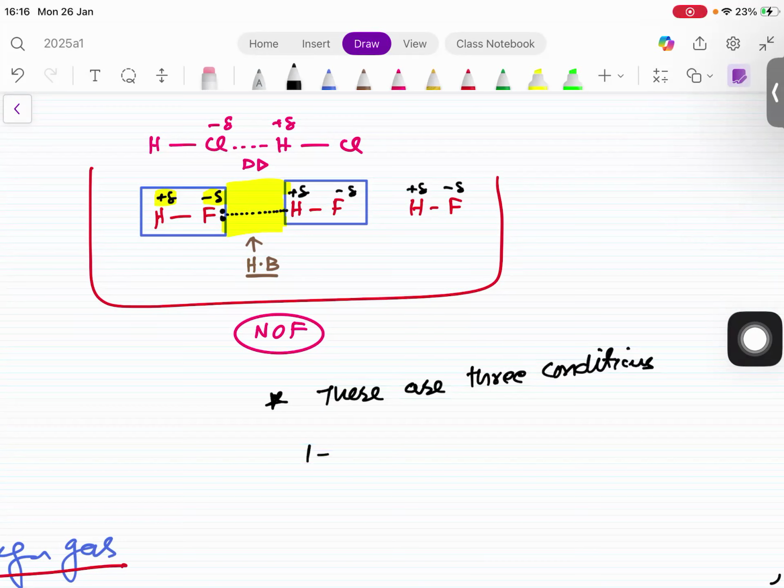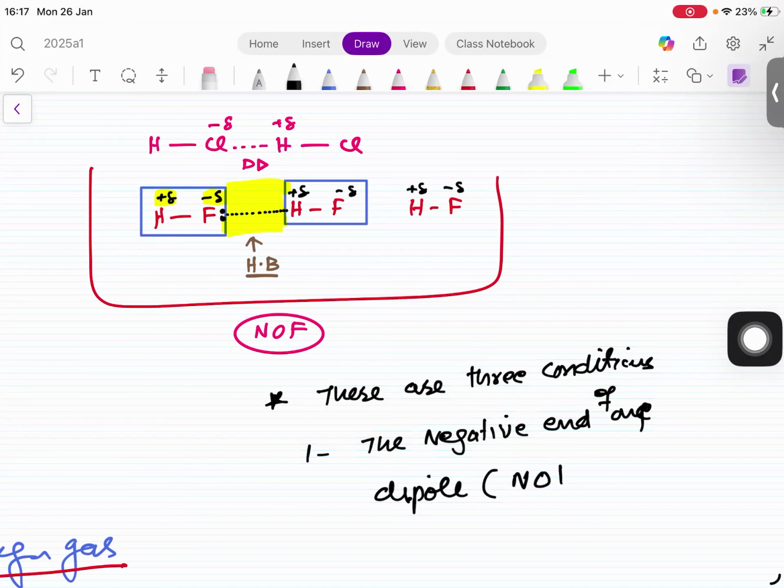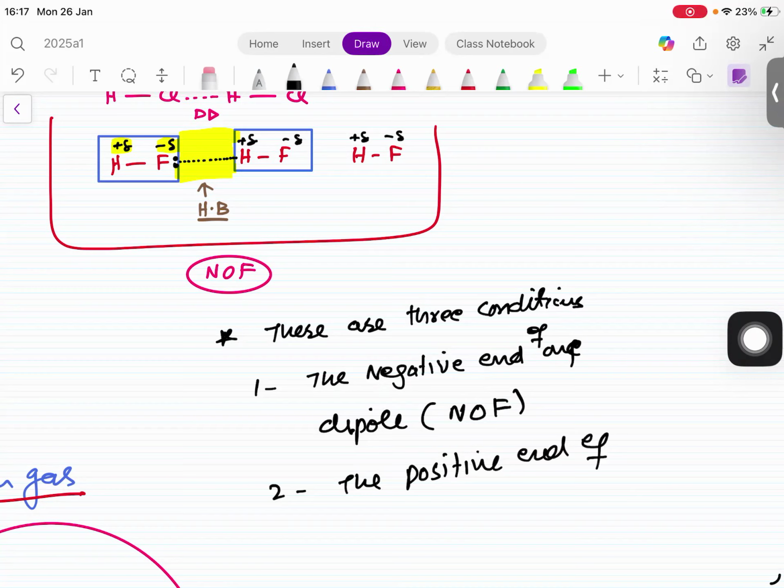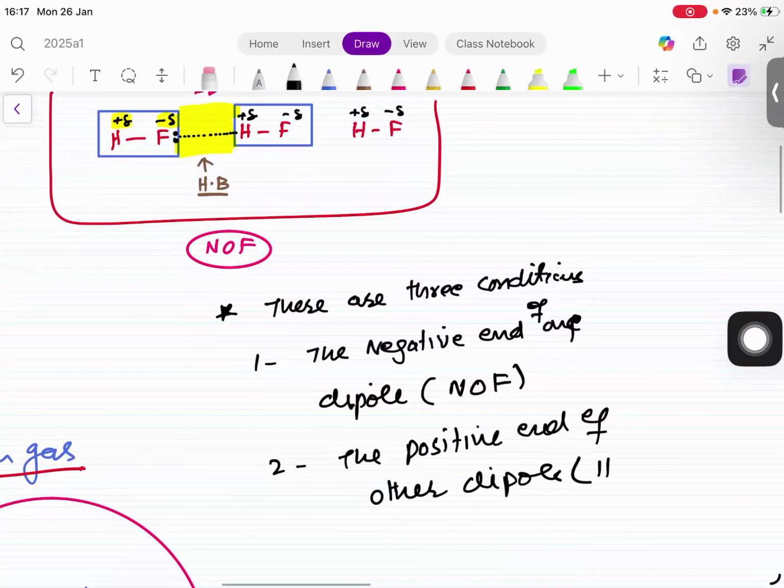Number one, the negative end of one dipole must be nitrogen, oxygen, or fluorine. Number two, the positive end of the other dipole must be hydrogen.